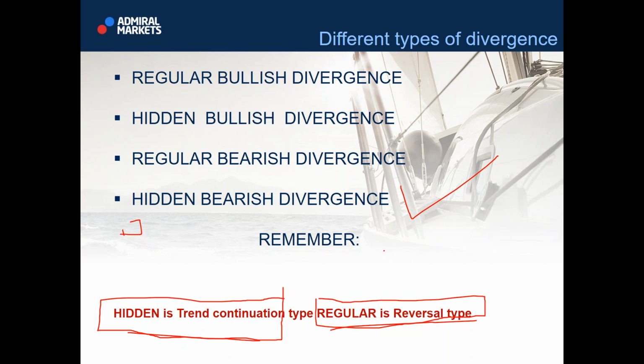Remember, hidden and regular divergence are totally different types. So hidden divergence is a trend continuation type. Regular divergence is a reversal type. Those two distinctions and those two types of divergence will shape your confluence points, if any, if you spot a divergence within a confluence. So this is very important for you to remember.